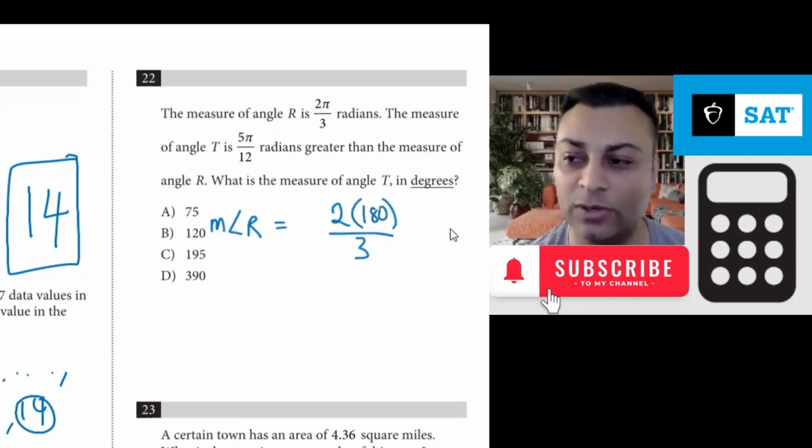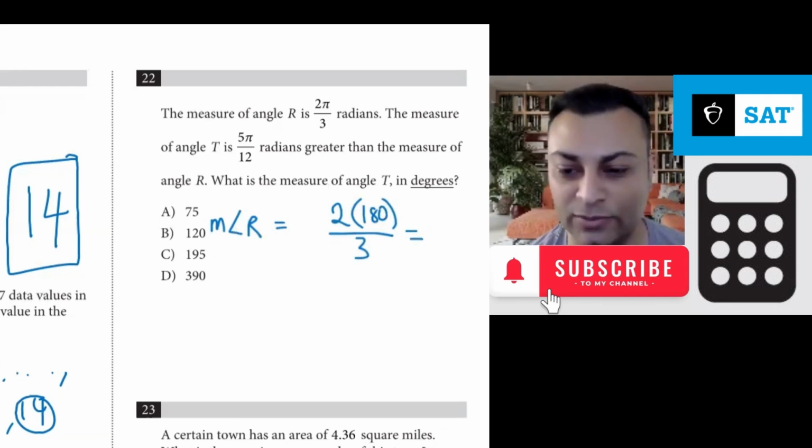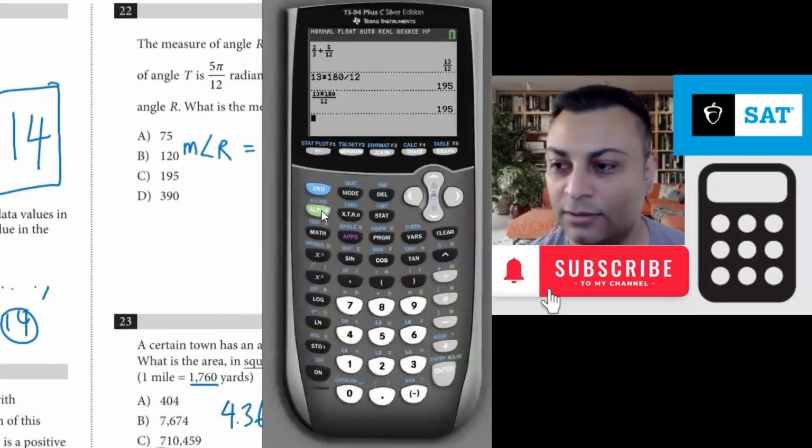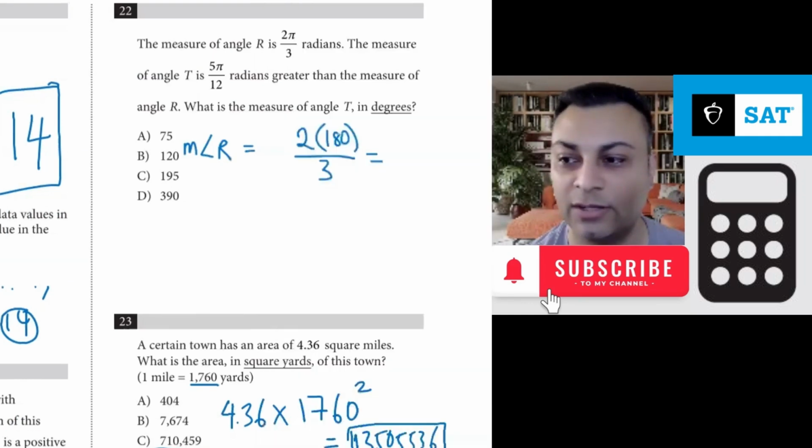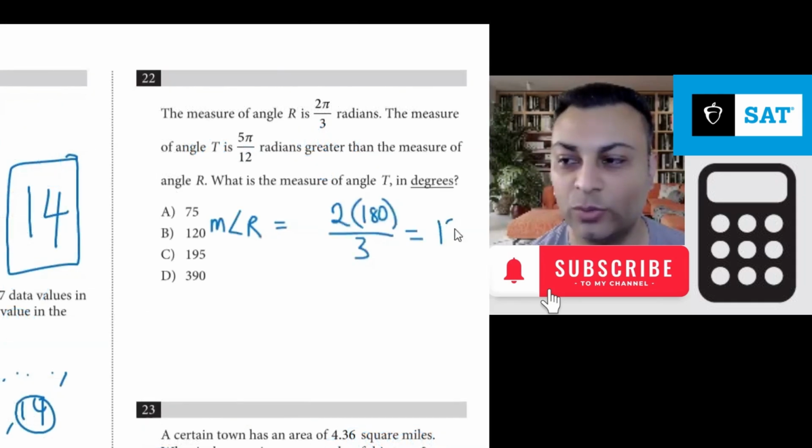So 2 times 180 over 3. If you use a calculator for this, let's go ahead and do that. You'd get the fraction 2 times 180 over 3, and that's 120 degrees. So angle R is 120 degrees, okay?